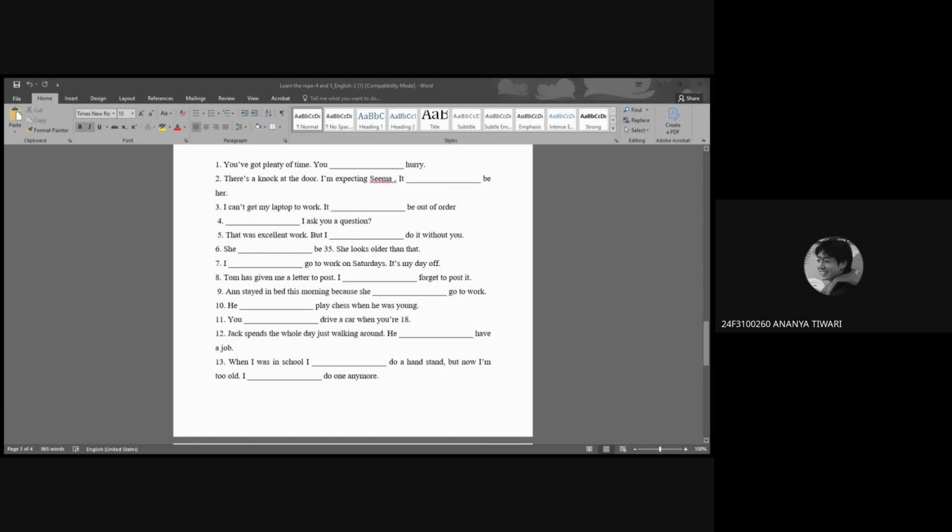But the other answer which you gave, could, can fit, right? It could be her. Possibility is okay here, but not suggestion. The context is not suitable for giving a suggestion. There's a knock at the door. I am expecting Seema. It's more like you're giving possibility. So it could be her.